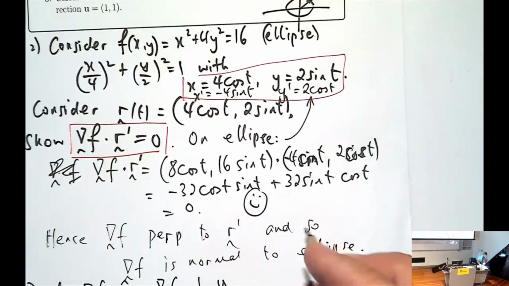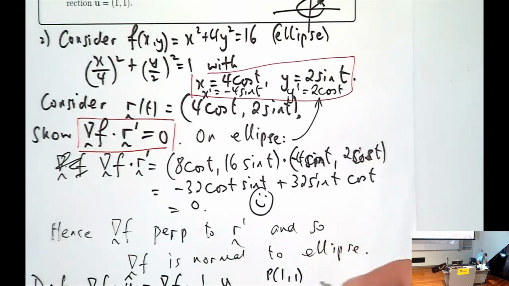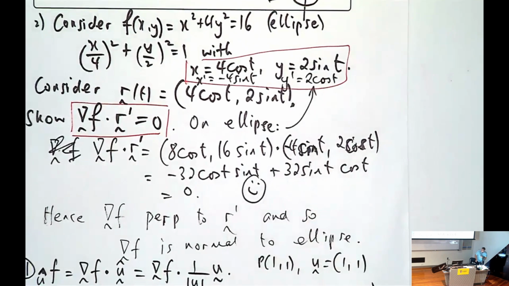Here, P is the point (1, 1). U is the vector i plus j, or (1, 1).